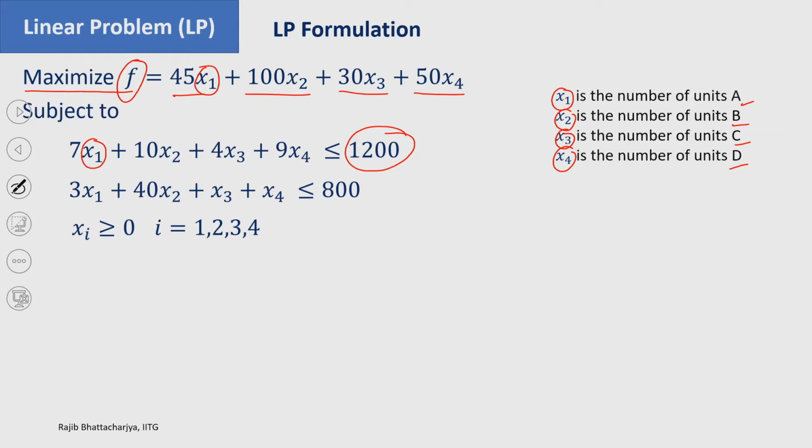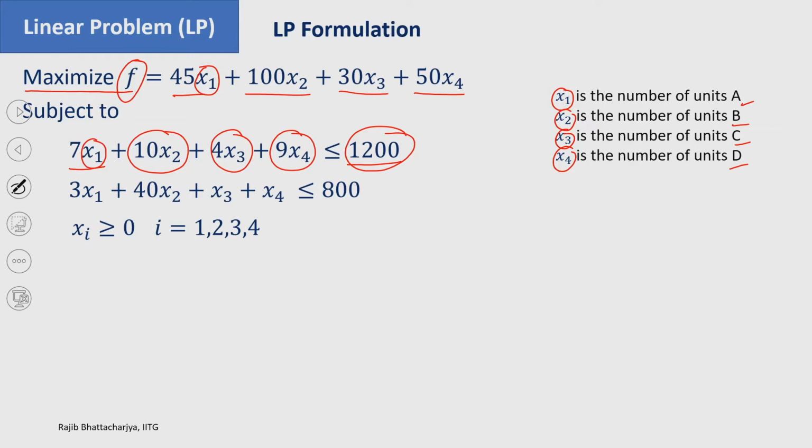Therefore, 7 x1 is the total time required in the lathe machine for producing x1 units of A. Similarly, the total time required for B in the lathe machine is 10 x2, for C it is 4 x3 and for D it is 9 x4. And the summation of all these should be less than or equal to 1200.